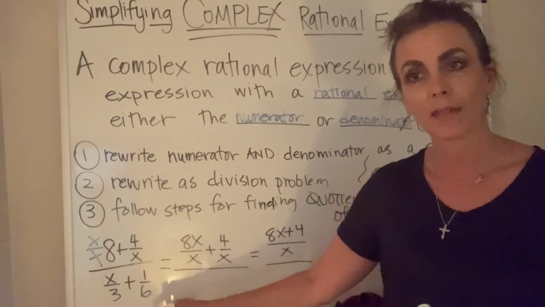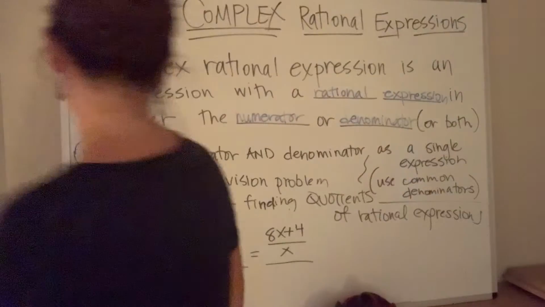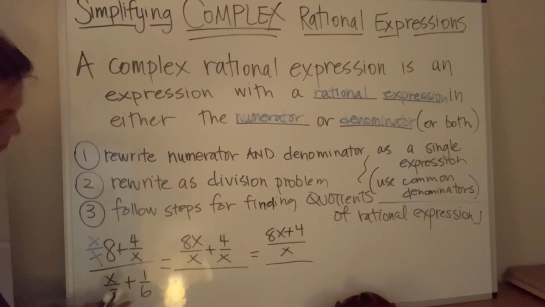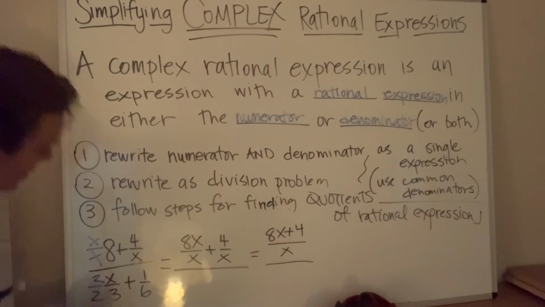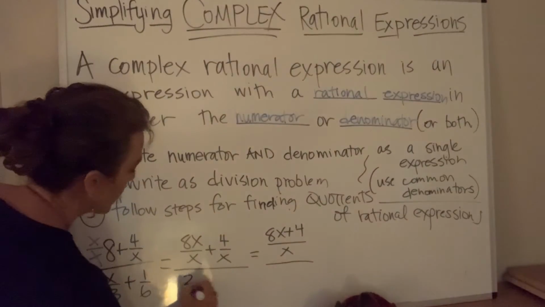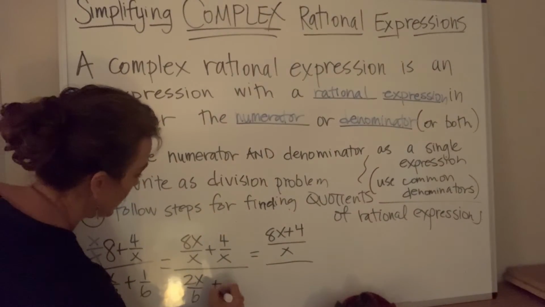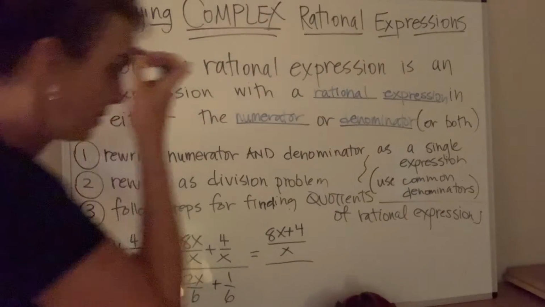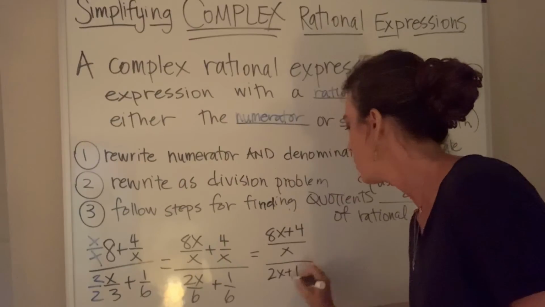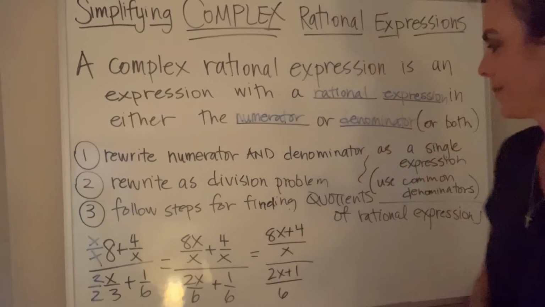All right, let's do the same thing for the denominator. Now I've got a denominator of 3 here and 6 here. So I might recognize that all I've got to do is multiply this one by 2 over 2 to make that a denominator of 6. Okay, so if I do that, I'll end up with 2x over 6 plus 1 over 6, also known as 2x plus 1 all divided by 6.